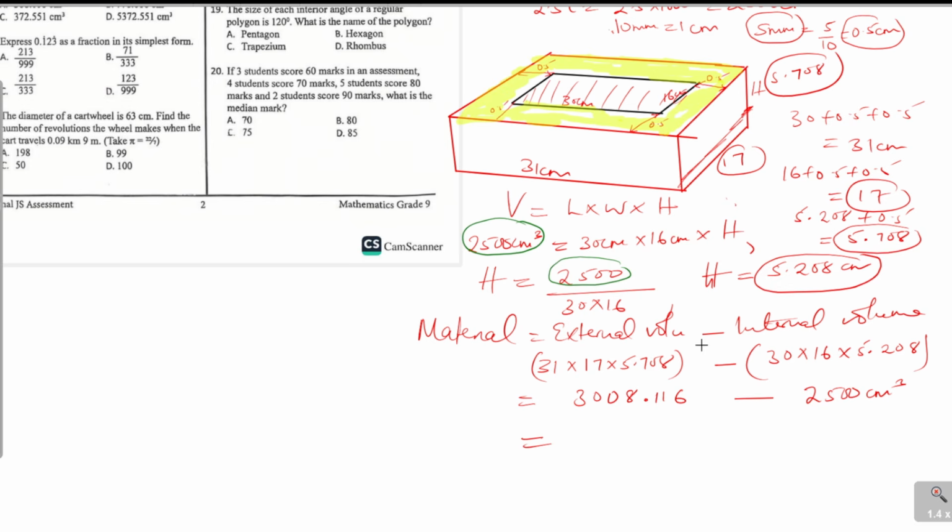So the external volume minus the internal volume: 3008.116 subtract 2500. So this one gives 508.116 centimeters cubed. So that is how you're supposed to solve that question.